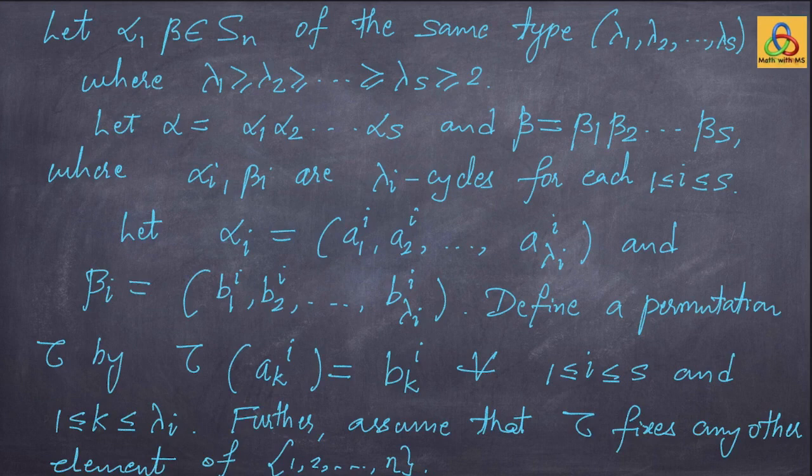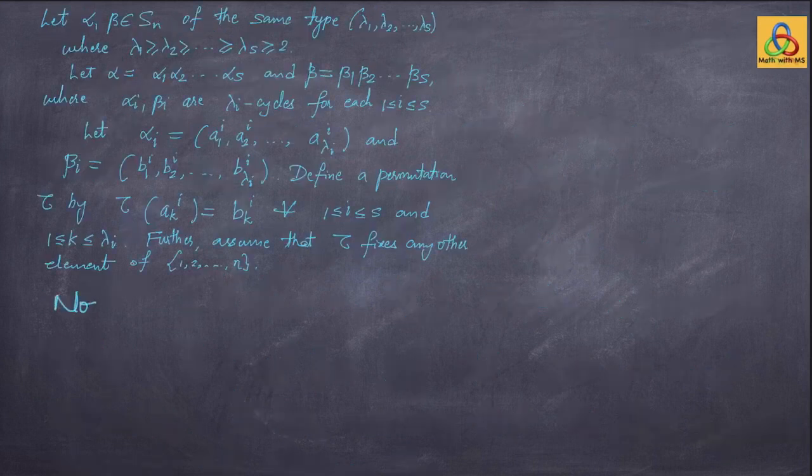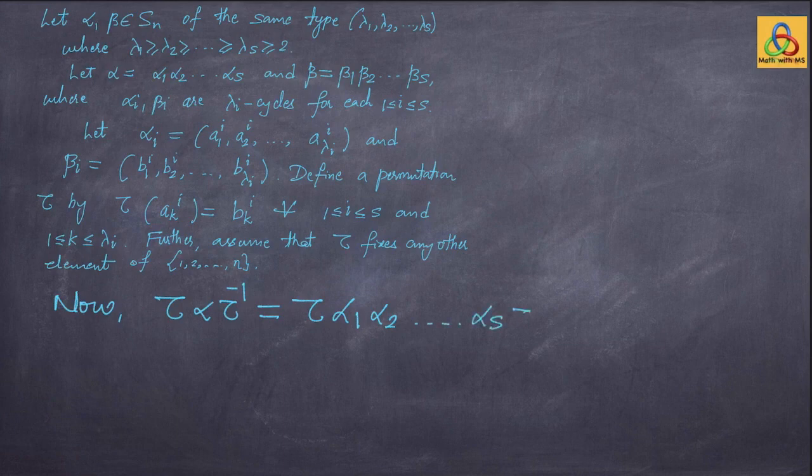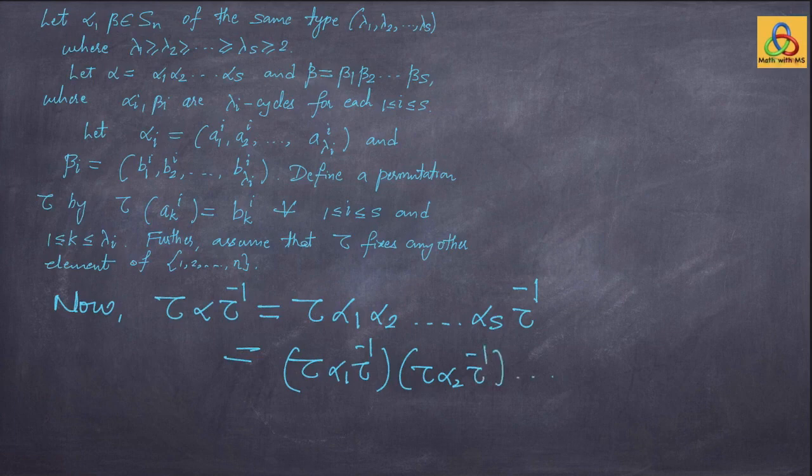Thus tau is clearly a permutation of 1 to n. Now what is tau alpha tau inverse? This by definition is the same as tau times alpha 1, alpha 2, and so on alpha s, times tau inverse, and I can rewrite this as tau alpha 1 tau inverse, tau alpha 2 tau inverse, and so on, tau alpha s tau inverse.